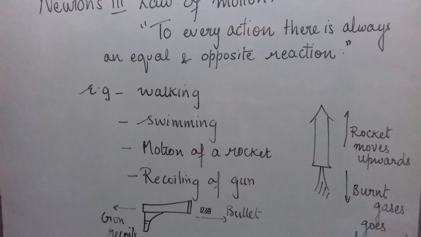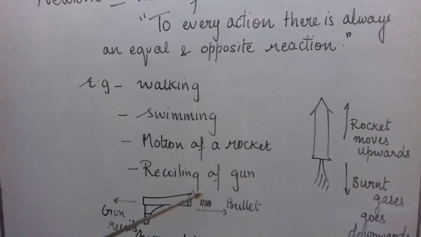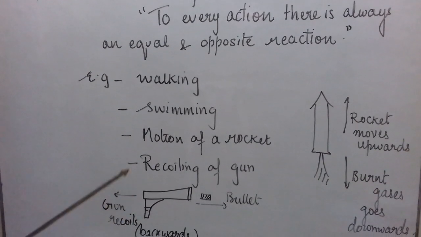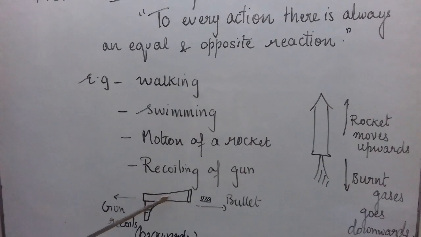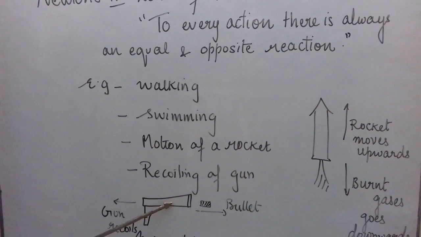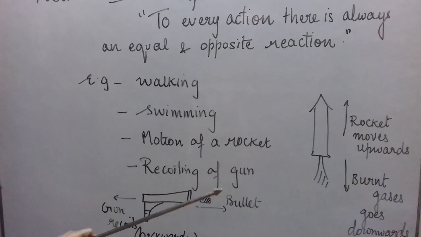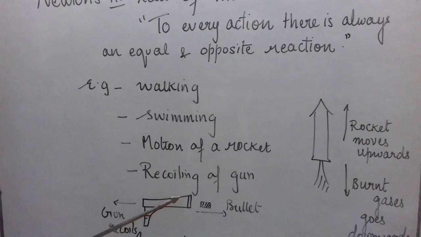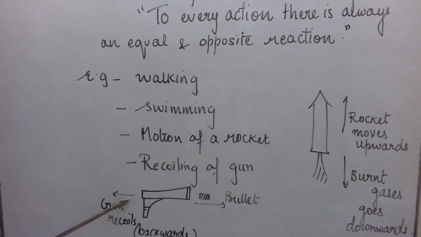So we say the gun recoils. Recoils means it moves backwards. This is a result of the same law: the bullet experiences a force from the gun in the forward direction, and at the same time the bullet exerts an equal and opposite force on the gun in the backward direction.